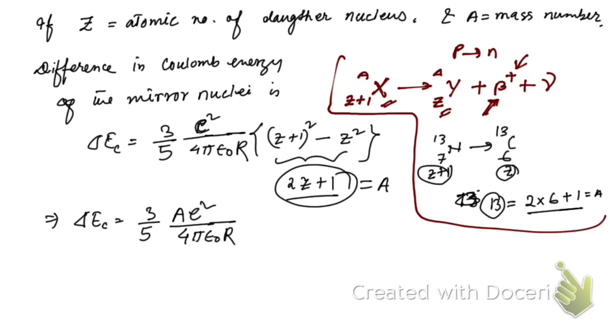Here R is the radius of the daughter nucleus, right?